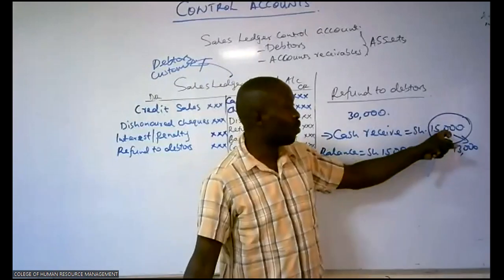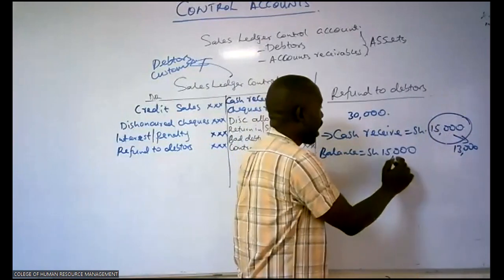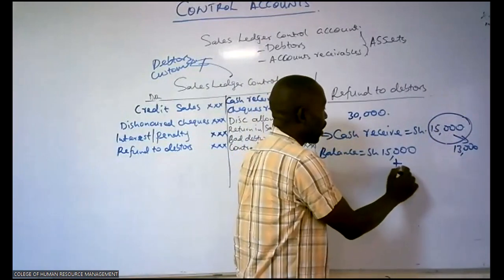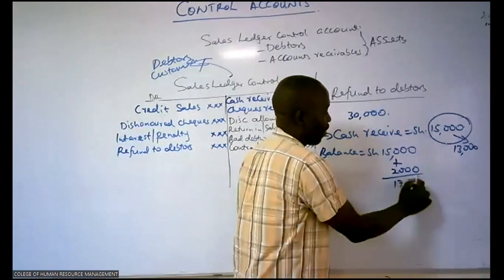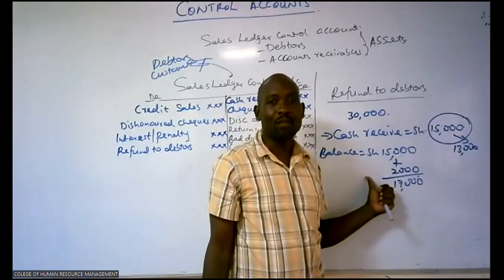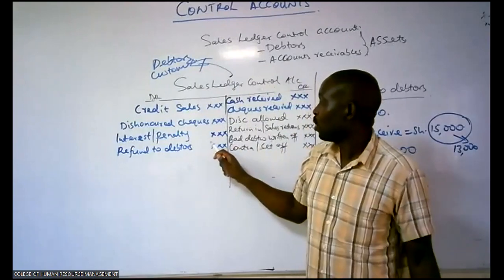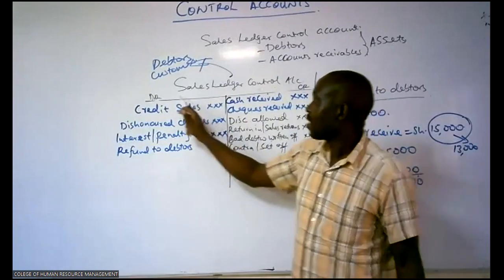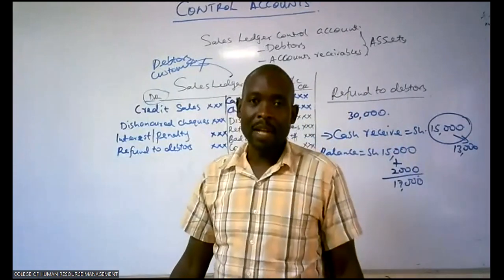So if this person paid you 13,000 and you are expecting 30,000, we add the refund here so that we expect what? 17,000. So when you refund, it increases the balance of the remaining debtors. That's why a refund is going to increase the debtors' balance, and that's why it is normally there. Are you together? That is the reason.